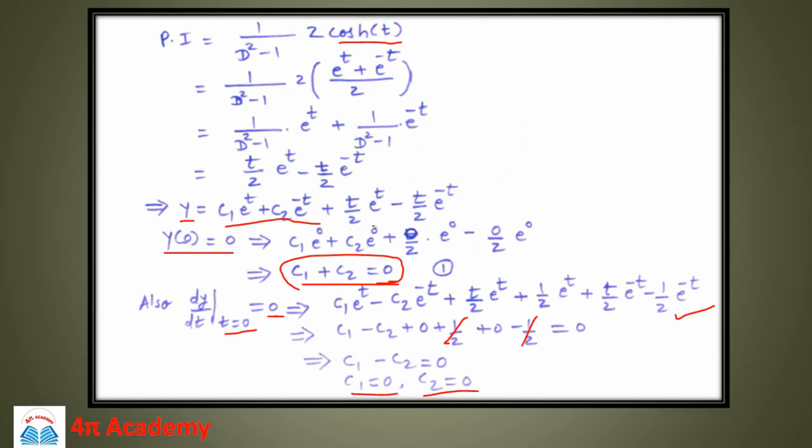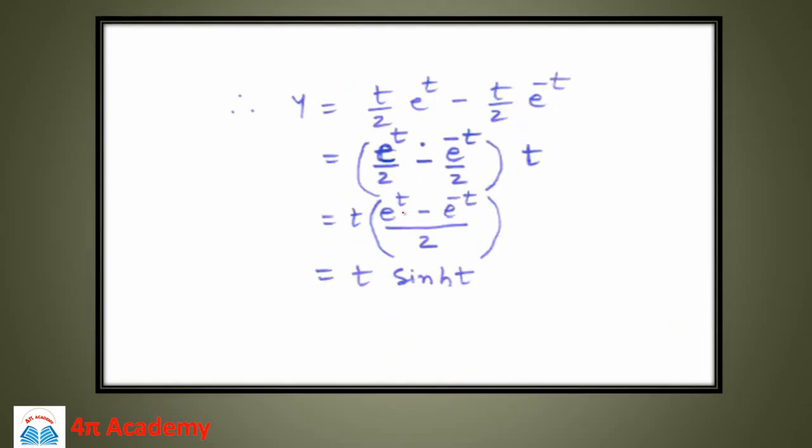So only the particular integral will remain in the solution, and if I take t as common, then it will be e raised to power t by 2 minus e raised to power minus t by 2. So this will be t into e raised to power t minus e raised to power minus t by 2, but this e raised to power t minus e raised to power minus t by 2 is nothing but sinh t, and therefore the answer is y is equal to t into sinh t.